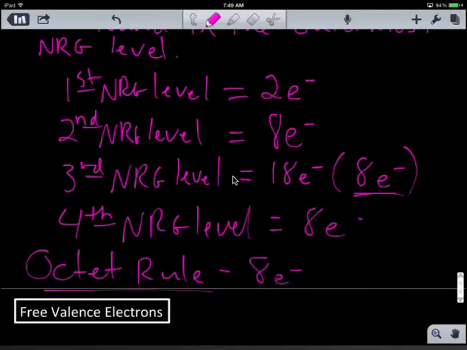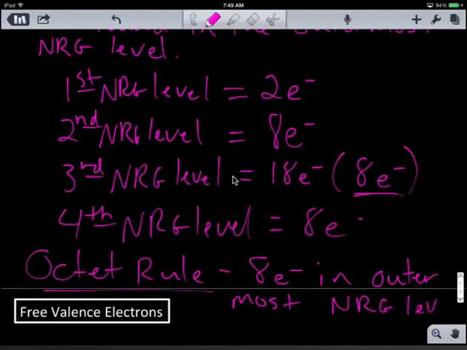8 electrons in the outermost energy level. Okay? Give you a minute to write all that stuff down.